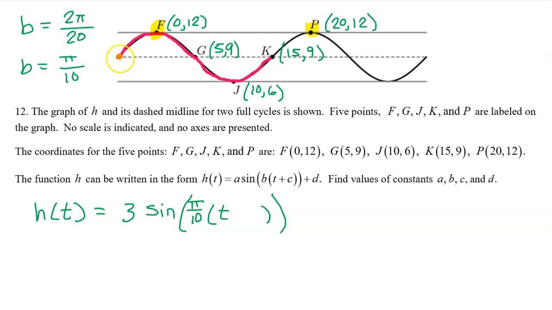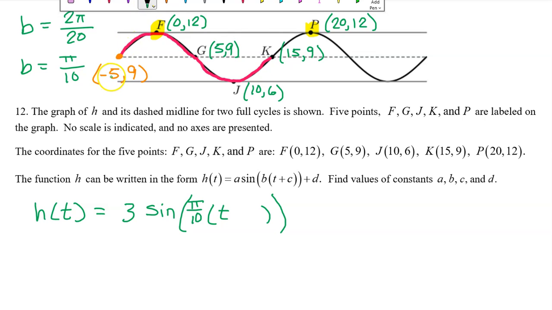So this first input value at this orange point will then be negative 5. So this is the point negative 5, comma 9, borrowing the output value from the other points on the midline. Anyway, the negative 5 is the phase shift. So therefore the C value will be the opposite of this phase shift. So the C value will be a positive 5, which goes right here.